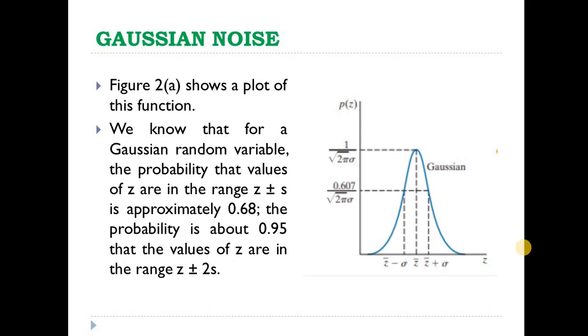This tells you the noise is symmetrically distributed about the mean. So you see it is a bell curve. The maximum noise appears at the mean z bar and it decays symmetrically on both the sides.